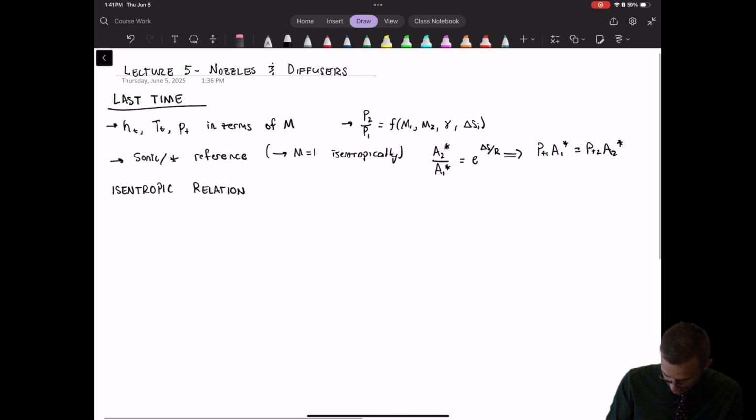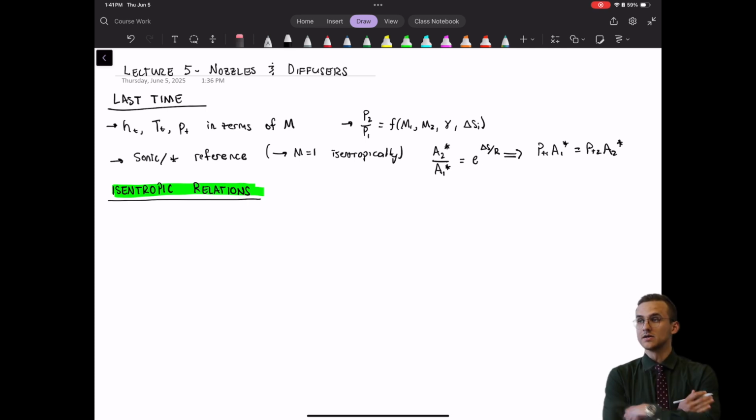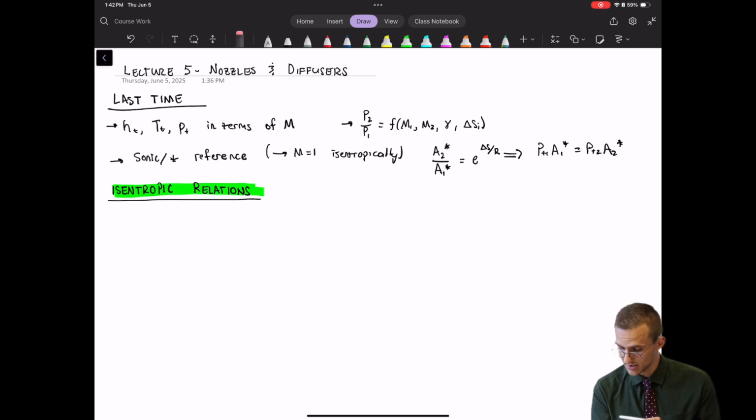Now, these relations are so called because they're about relationships between a given state and a reference state, and the process that you go from a given state to a reference state, whether it be the stagnation state or the sonic reference state, is an isentropic process. So then we call these isentropic relations.